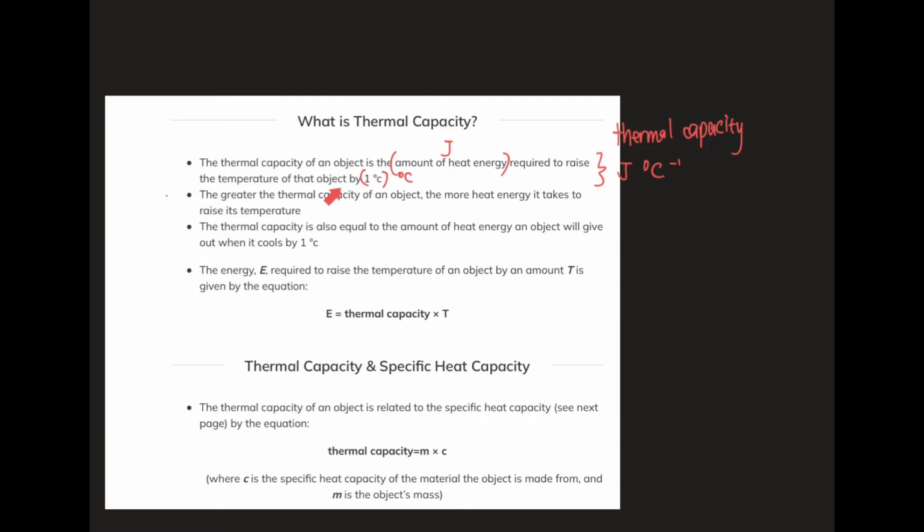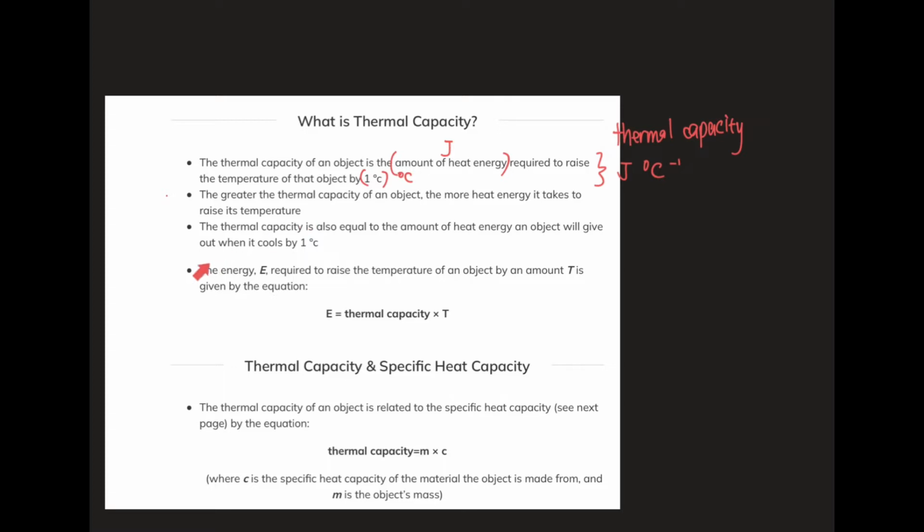For example, 2 kg copper and 1 kg copper have different thermal capacity. The 2 kg copper has a greater thermal capacity, the 1 kg copper has a smaller thermal capacity. So that is the thing. Objects of the same substance but different size, different mass, have different thermal capacity also.